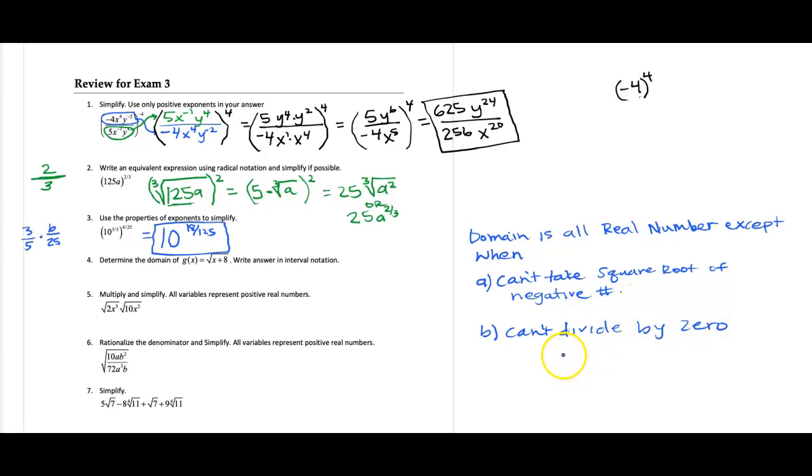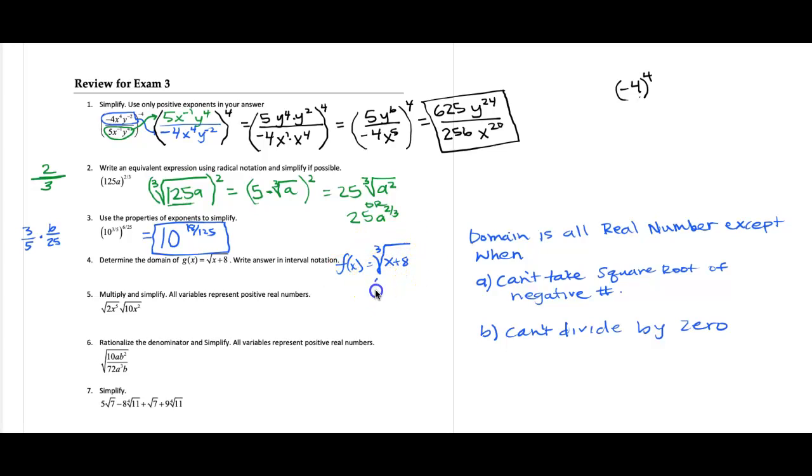So if you don't have either of these two things, like say there's not a square root in the question that you're dealing with, like instead, if this said the cubed root, f of x is the cubed root of x plus 8, well, there's no exceptions for that. You can take the cubed root of a negative number and a positive number.